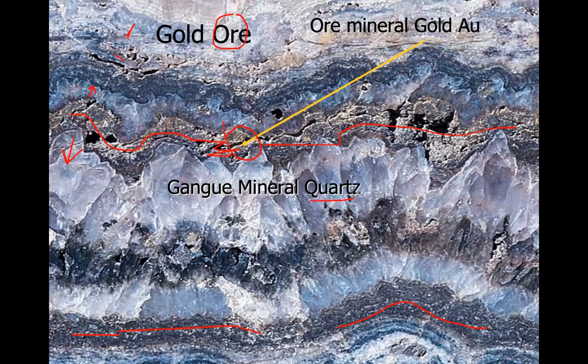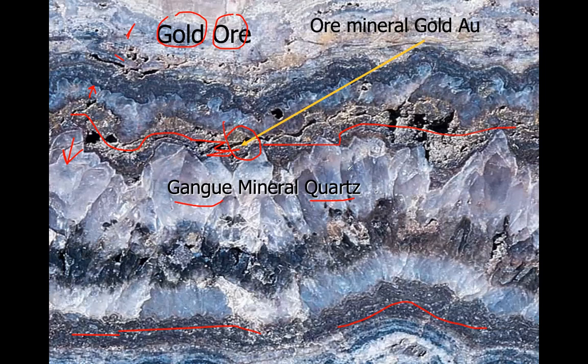We consider this quartz as gangue mineral, because it is less important in terms of this mineral deposit. Our main target in this deposit is gold. But still you can find gangue mineral quartz, because this rock is quartzite, and in between this gold layer you have some quartz minerals also.